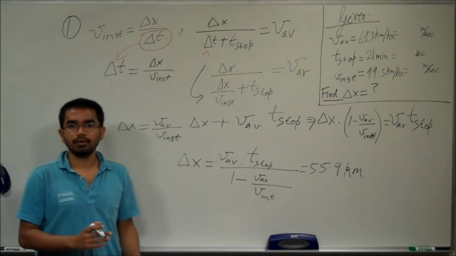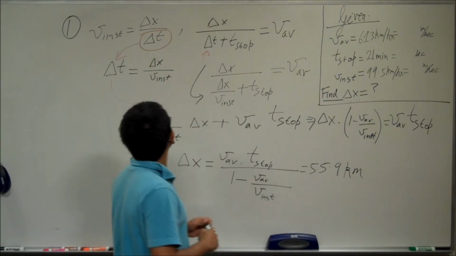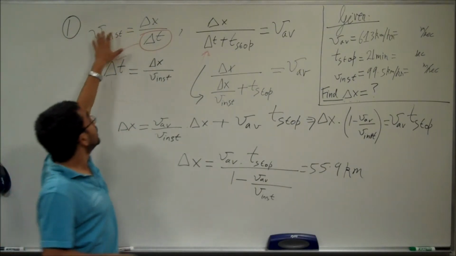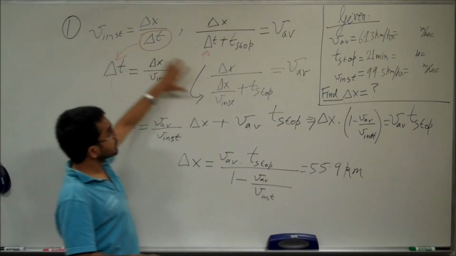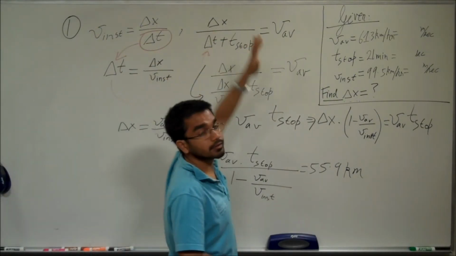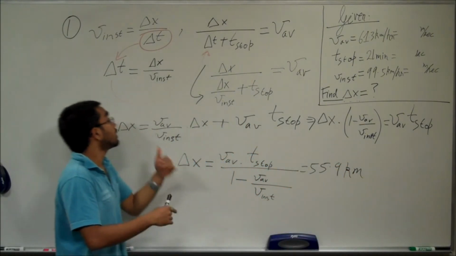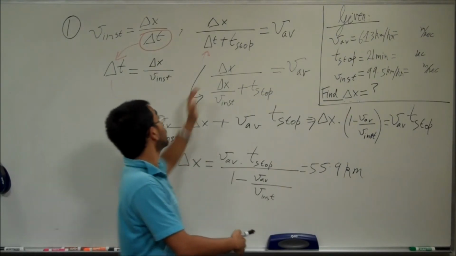Let's do a quick recap of what happened. We took the instantaneous velocity of the vehicle while he was driving it, and said that that's delta x by delta t. Then we wrote an expression for the average velocity, which is the total distance traveled divided by the total time spent. The total time spent was the time spent behind the wheel and the time spent at the rest stop put together.